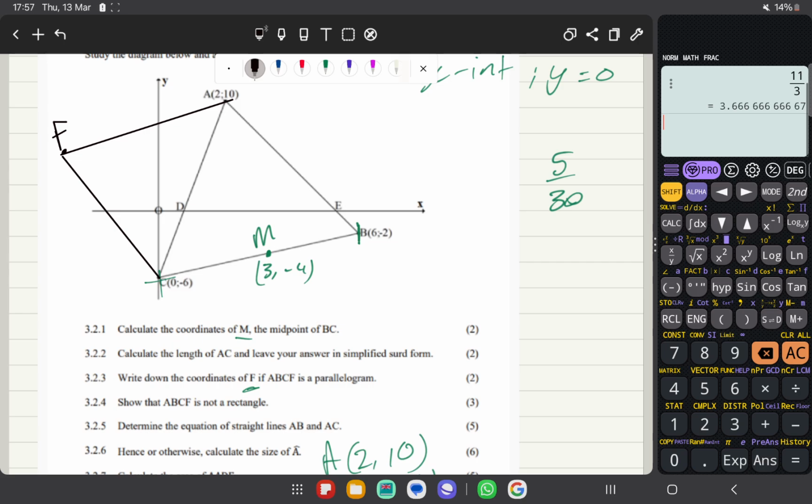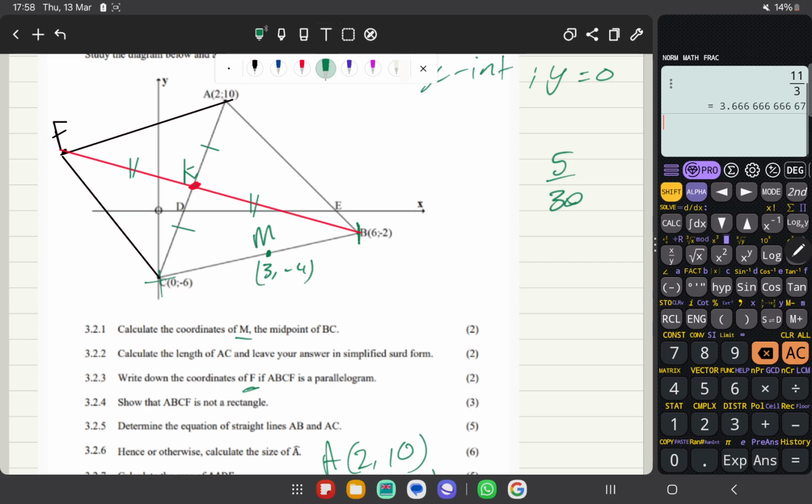One thing that I know for a parallelogram is that I can have my straight line, and this is my midpoint. This line is equal to this line, and this line is equal to this line. So it implies that this point, let me say K, is the midpoint.